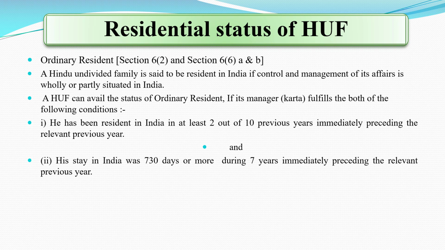He has been a resident in India in at least 2 out of the 10 previous years immediately preceding the relevant previous year. Means he must be in India in at least 2 out of the 10 previous years. And the second condition is that his stay in India is more than 730 days during the 7 years preceding the relevant previous year.